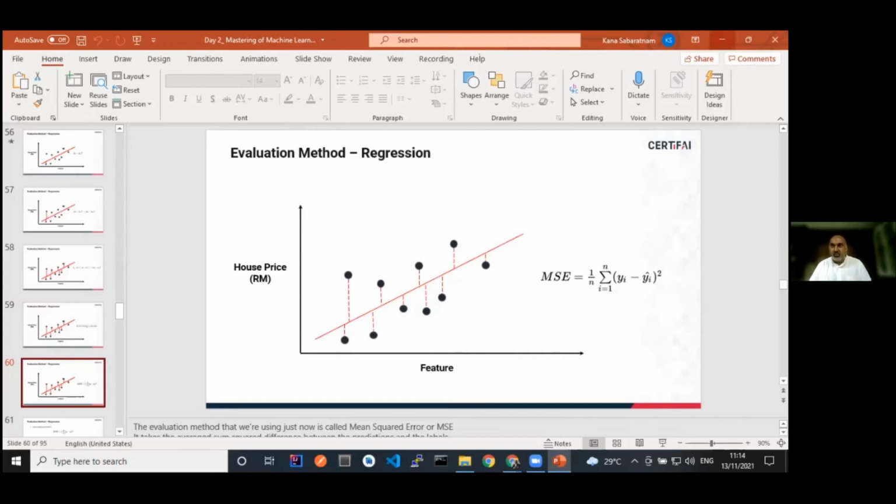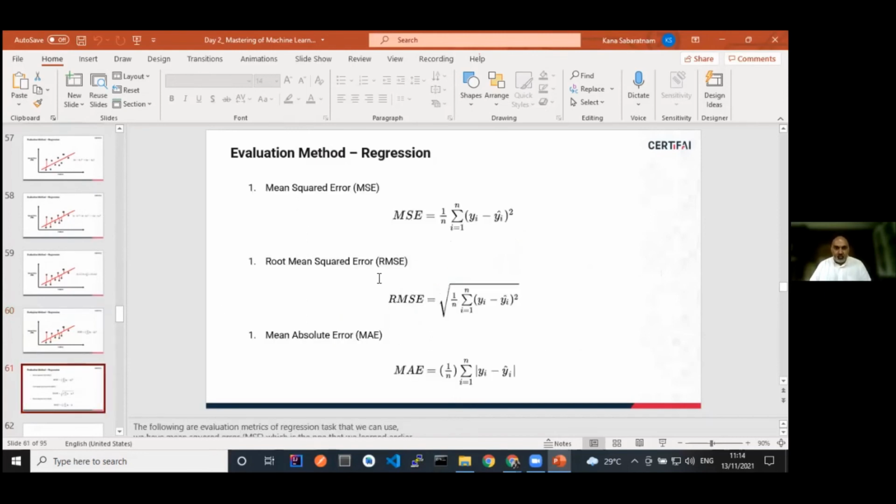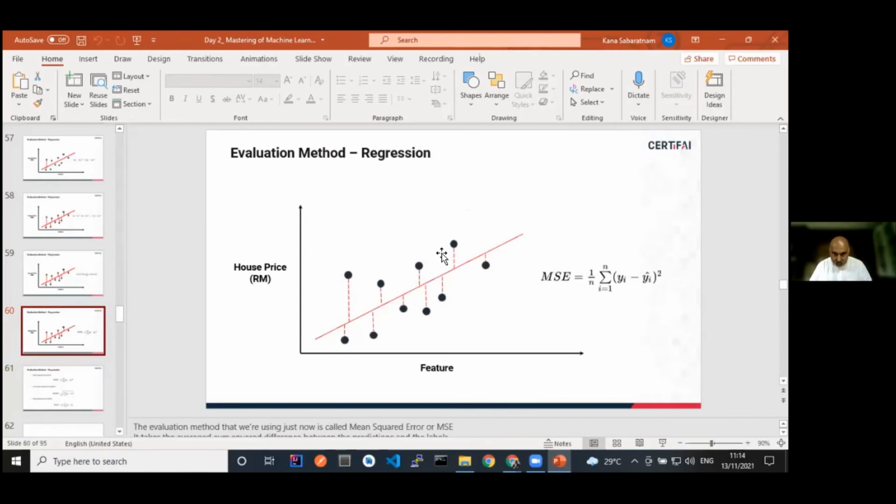For regression, there's mean squared error, and there are also a few others. This is mean squared error. This is root mean squared error, which just takes the square root of the value, and then they have absolute error. All this is to make sure that we look at how far away we are from the actual truth, because this is the ground truth and this is our predicted.